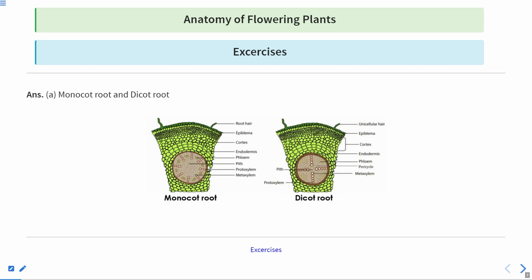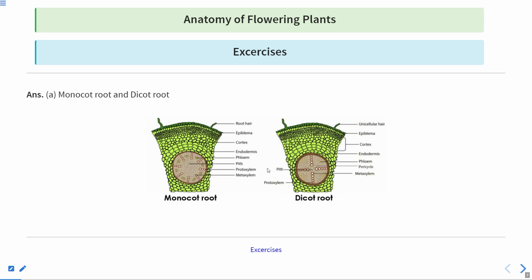So this is one of the major differences on the basis of endodermis and pericycle. Endodermis in the case of monocot root is just a single layer, and here in the dicot you can see 2 layers. And on the basis of the pericycle, there is no pericycle layer in the case of monocot root, whereas in the case of dicot root, there is a pericycle layer, right?